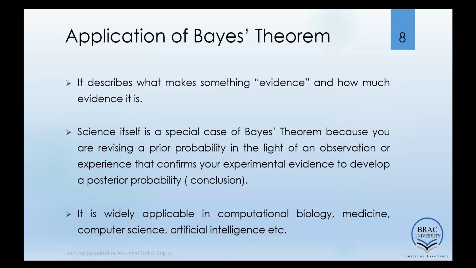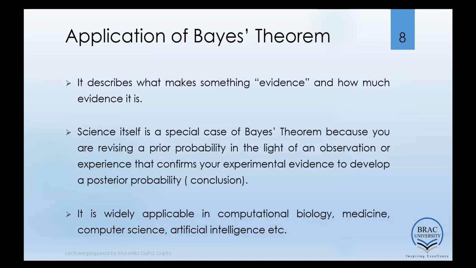There are so many qualities that make Bayes theorem so cool. Bayes theorem describes what makes something evidence and how much evidence it is. Science itself follows the Bayes theorem.